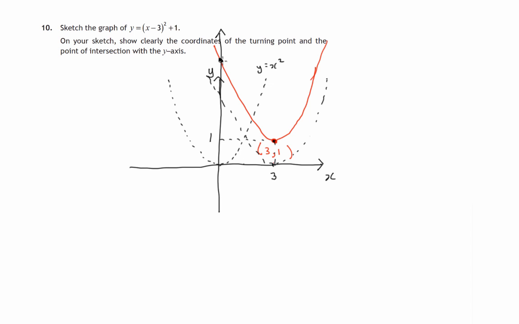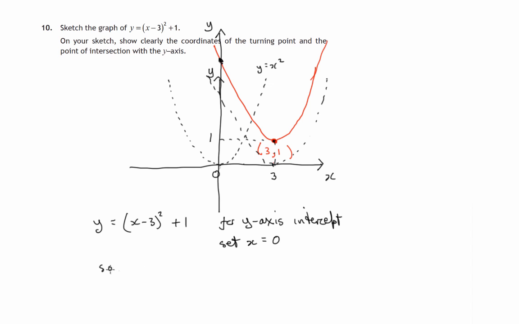So the last thing we need to decide is how on earth do we find where this graph crosses the y-axis. Now the one thing we do know about any point on the y-axis is that its x coordinate is 0. So if we look at the equation of this red graph that we've drawn, to find where it crosses the y-axis, the y-axis intercept as it's sometimes called, we're going to set x equal to 0.